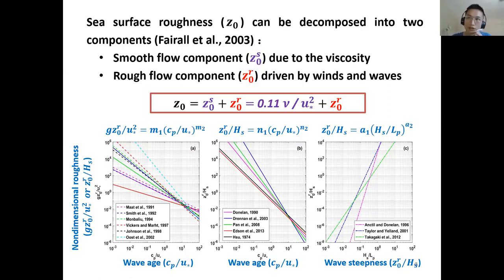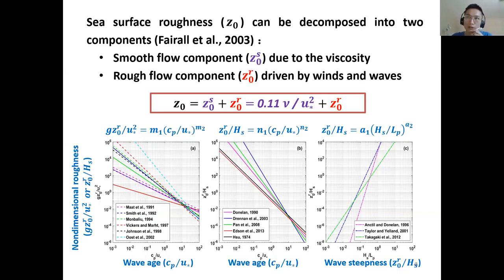And the wave age is the ratio of wave phase speed over the friction velocity, which determines the ability of momentum transfer. You can see from these figures that young waves and steep waves may support larger wind stress.